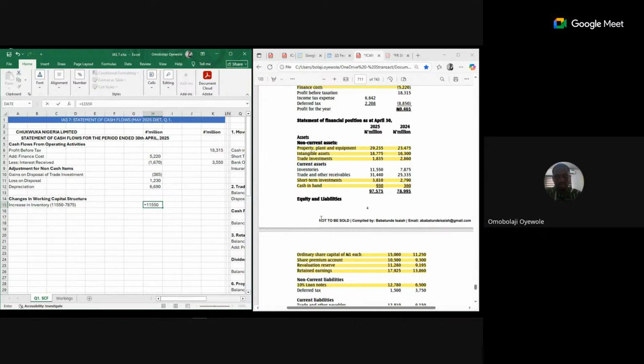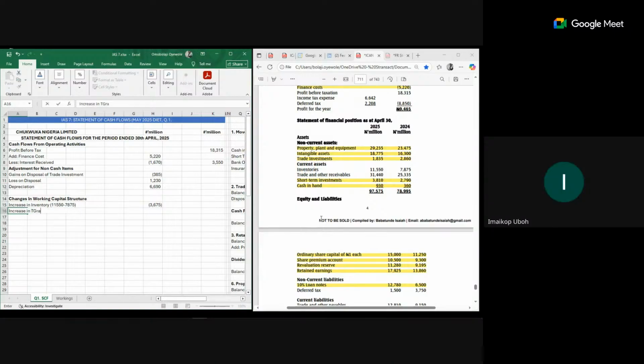So that will give us minus 11,550, an outflow. Now, trade and other receivables. There's an increase in trade and other receivables as well.